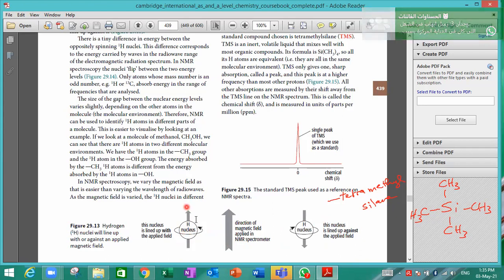And we have other nuclei spinning so that they produce a magnetic field that opposes, that is opposite to the magnetic field applied by the external magnetic field. Okay, Lara, understand? That's what I was explaining for you. Yeah, okay.